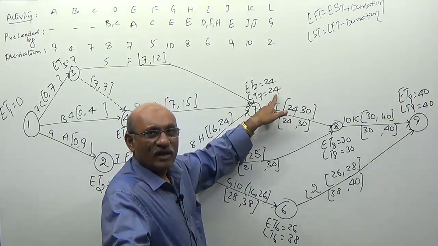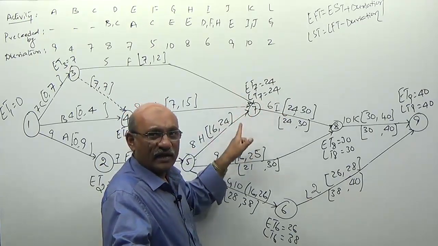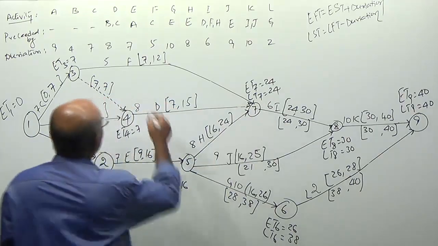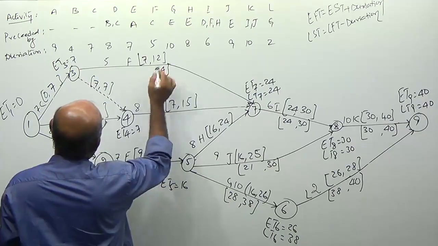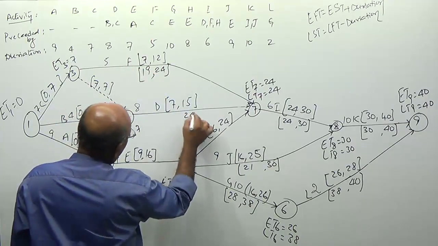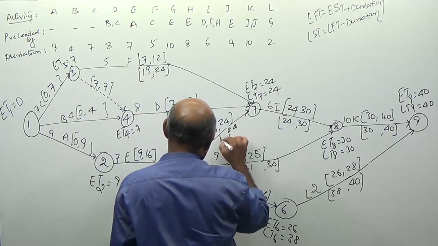To be here on the 24th day means these 3 activities I have to complete by the 24th day. So 24 minus 5, 19. 24 minus 8, 16.